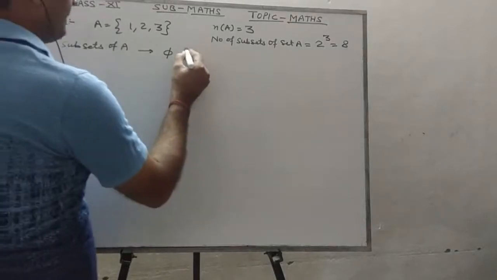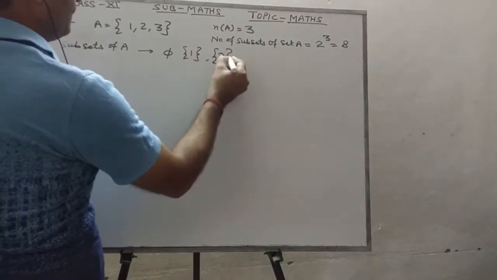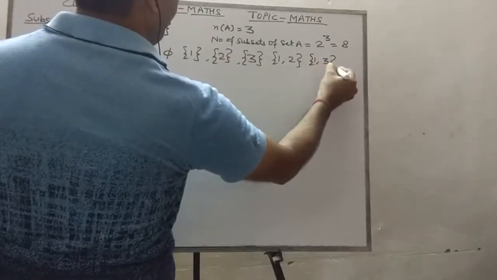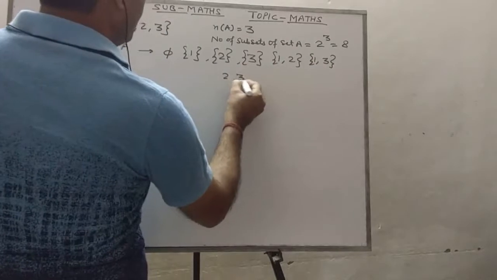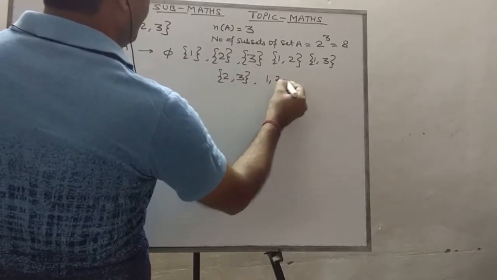Then 1, then 2, 3, 1 2, 1 3, 2 3, and 1 2 3 combined.